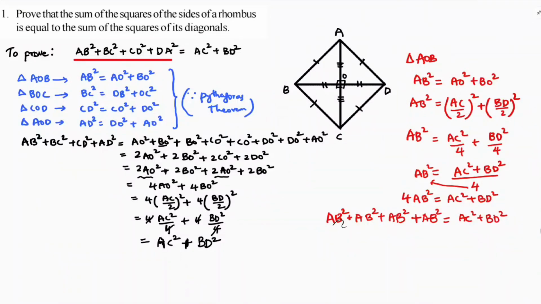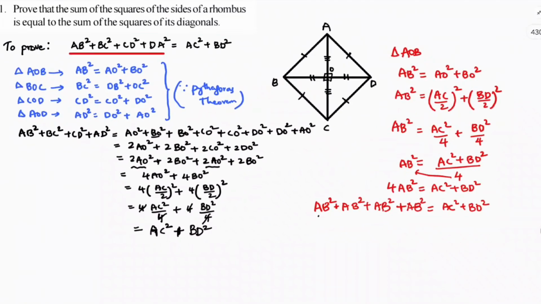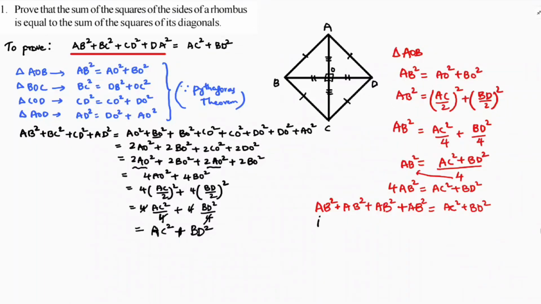But all sides are equal, so you can change it. You can keep AB square as it is. One more AB I can write as BC, because all sides are equal. One more I can write as CD square, and one more as DA square or AD square, because in a rhombus all sides are equal.